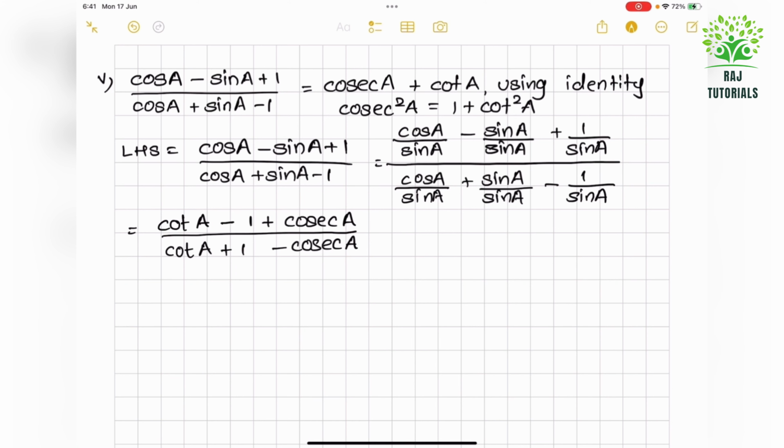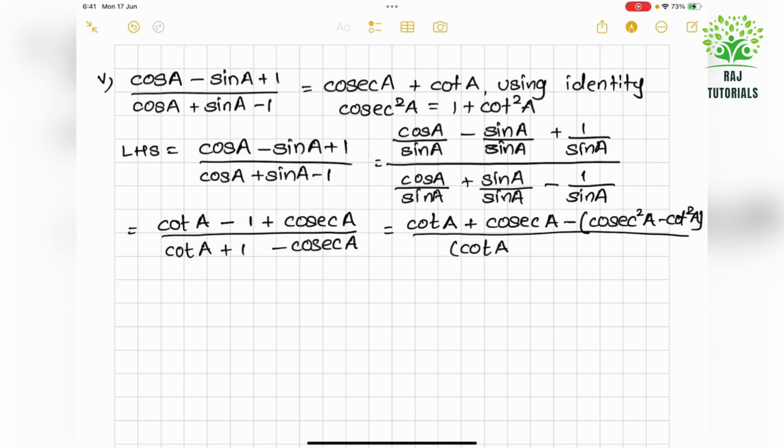upon, again, cot A plus 1 minus cosec A. So this will give me cot A plus cosec A. Now instead of 1 I am writing cosec square A minus cot square A upon, this I am keeping as it is, so cot A minus cosec A plus 1.